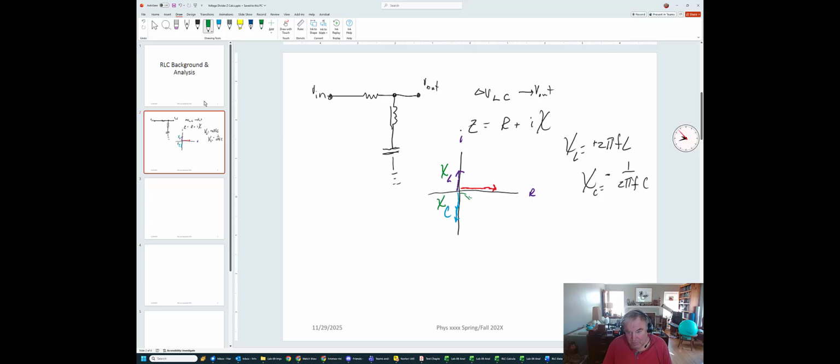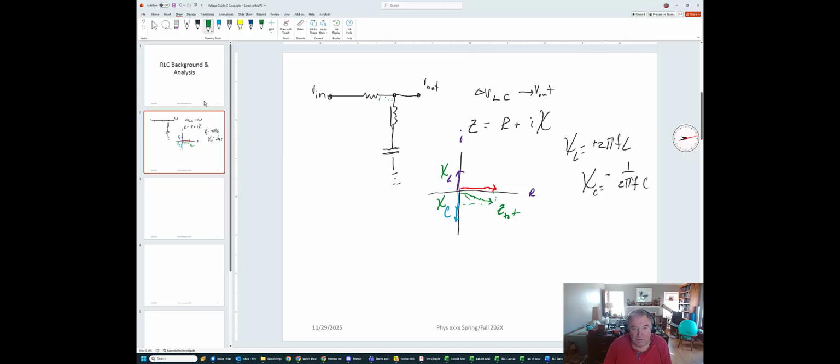And so you see we can make a resultant that's there, and this will be Z total. And so we have to bring in the good old Pythagorean theorem.